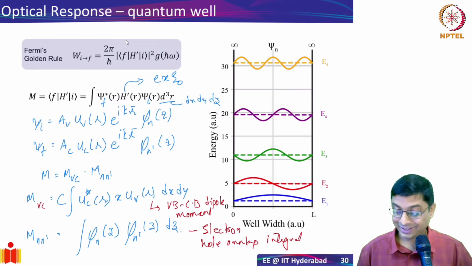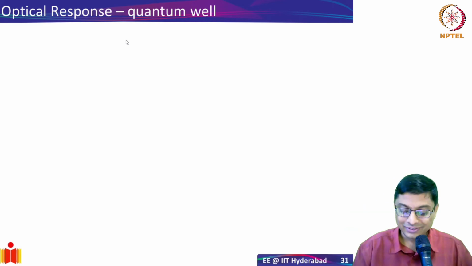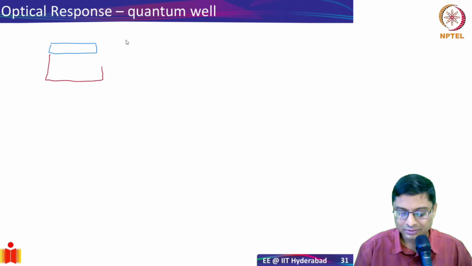No, okay. The question is, how will the electric field be in the Z direction? So I can think of, let's say, a quantum well, which is, let's say, gallium arsenide like this, and then I have bigger pieces of aluminum gallium arsenide. This is my Z direction, right?